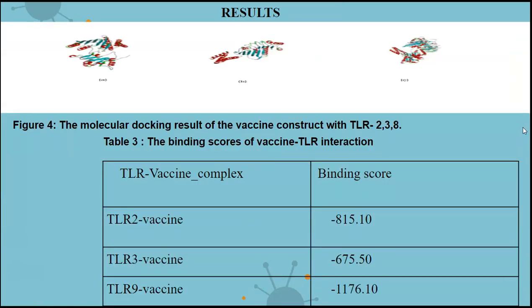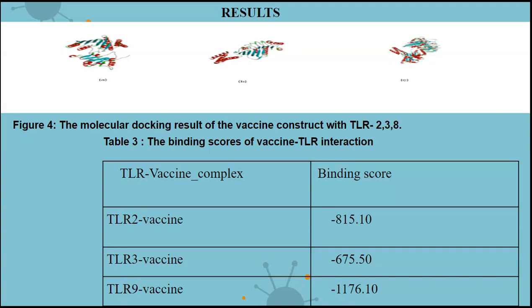The docking was done with different toll-like receptors, toll-like receptor 2, 3, and 8, to assess the interaction between the designed construct and the innate immune receptors.